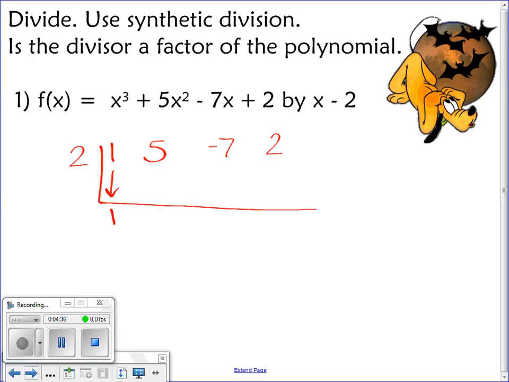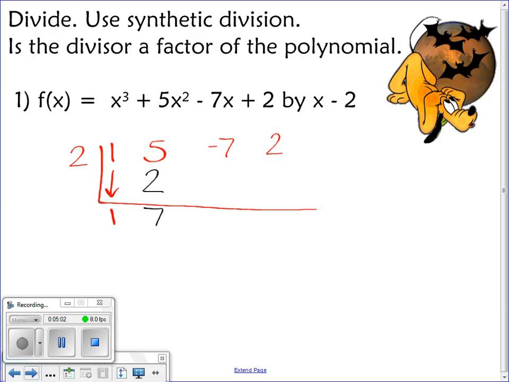Justin, you with me? Arrow, whatever that first number is, drop it straight down. We are going to multiply and then add. What is 2 times 1? That gets written underneath the next number. Then I add straight down. 5 plus 2 is 7. You guys with me so far?